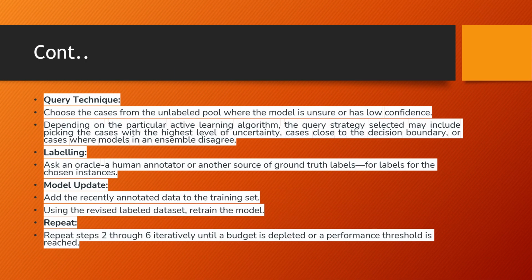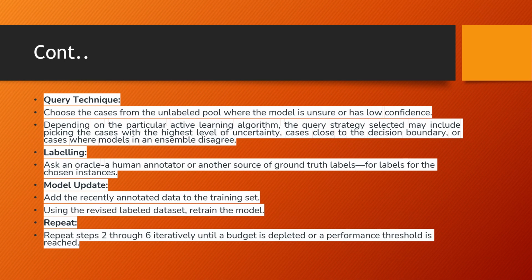Then query technique. Choose the cases from the unlabeled pool where the model is unsure or has low confidence. Depending on the particular active learning algorithm, the query strategy selected may include picking the cases with the highest level of uncertainty, cases close to the decision boundary, or cases where models in an ensemble disagree. These are the things we have to focus on.